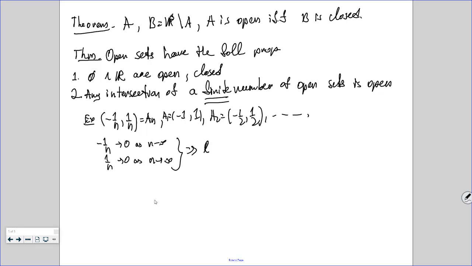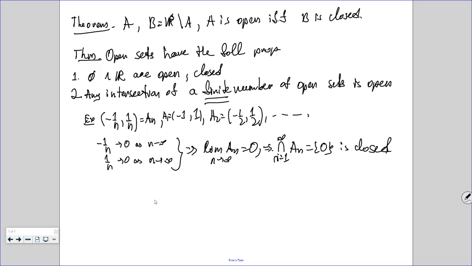So if we look at the intersection of an infinite number of sets, remember, the intersection consists of the points that are common, and the only point that is common is 0, but {0} is closed.